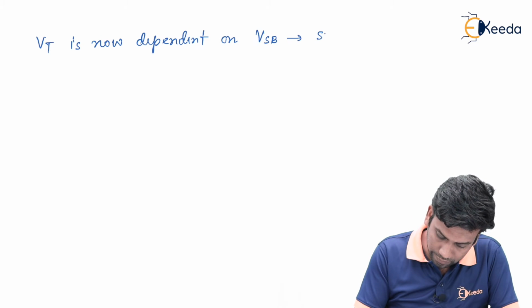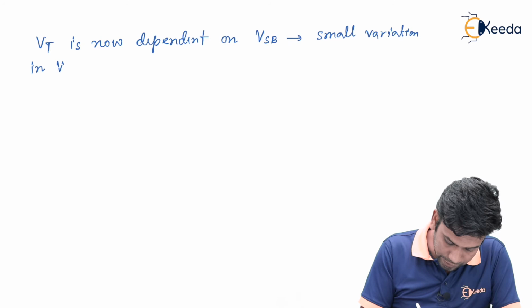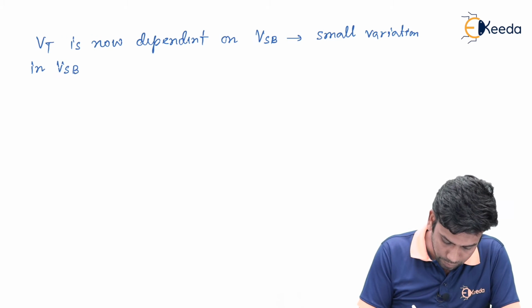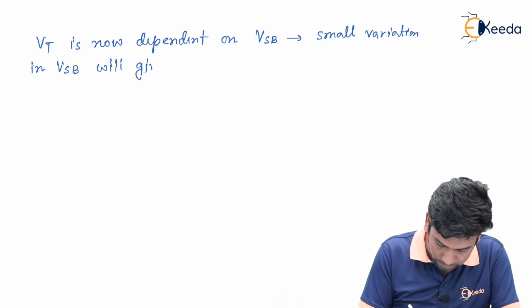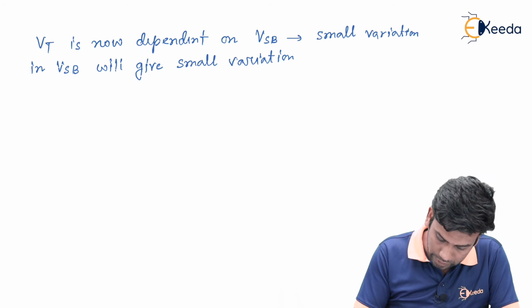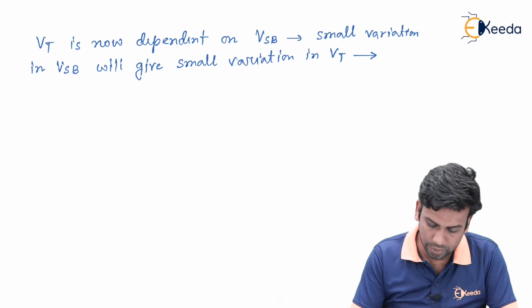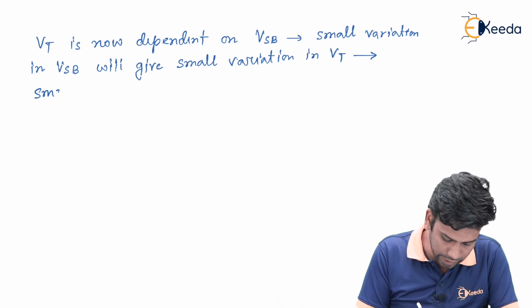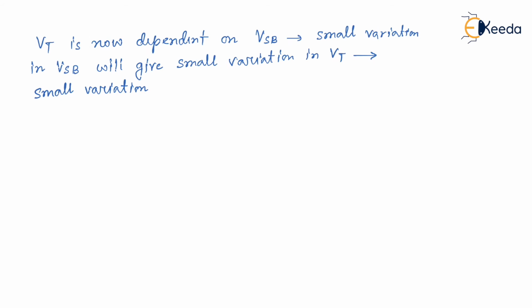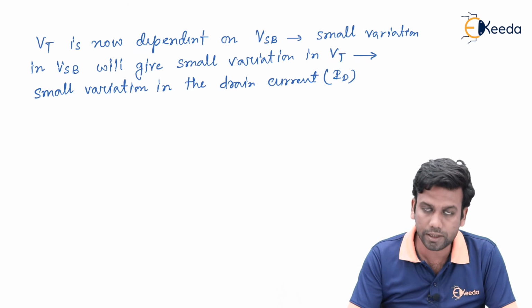That is, small variation in substrate voltage or body voltage Vsb will give small variation in threshold voltage, and this small variation in the threshold voltage will give a small variation in the drain current, that is ID, because ID depends on the threshold voltage and threshold voltage depends on the Vsb, that is the substrate voltage.